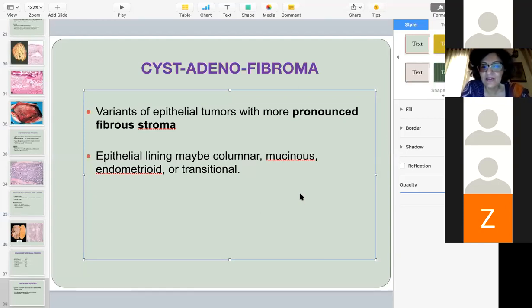Papillary projections, nuclear atypia, mitosis, stratification, all these things. Okay? Crowding. A single lining without any atypia or mitosis is a benign tumor. With stratification, papillary projections and nuclear atypia, but without invasion, it becomes a borderline tumor.